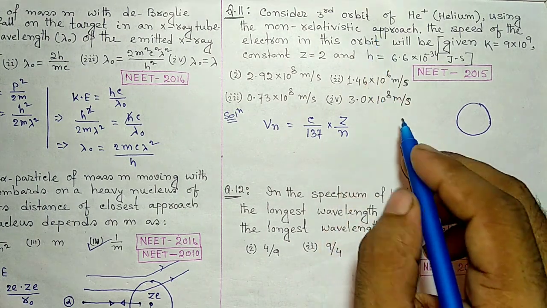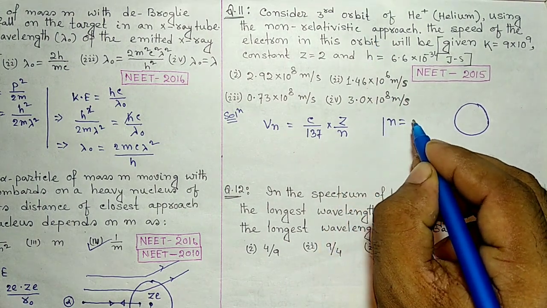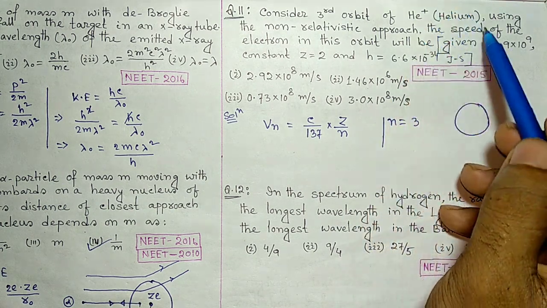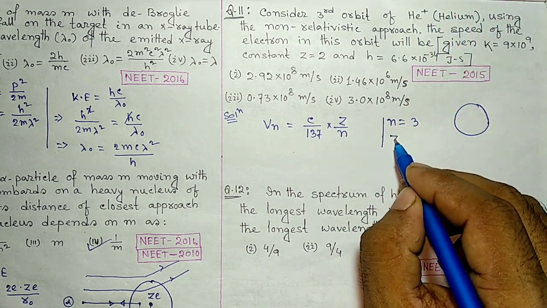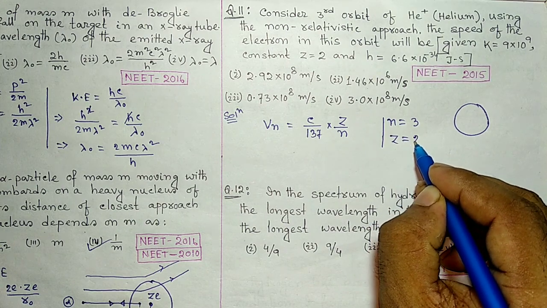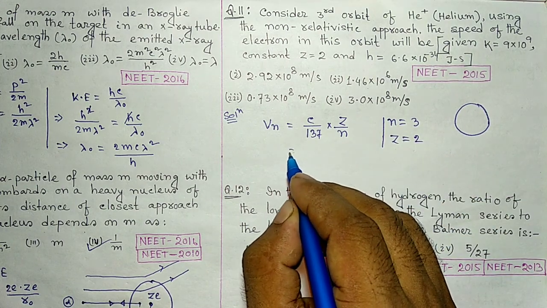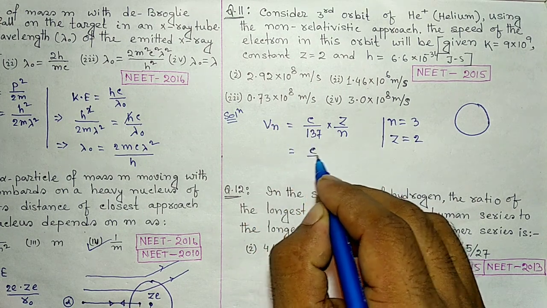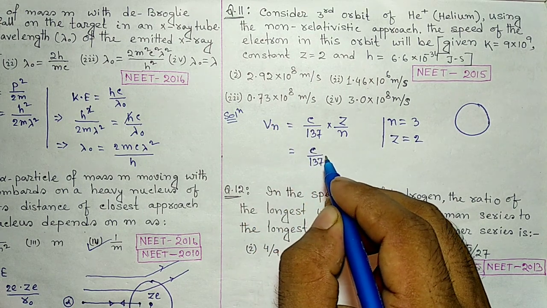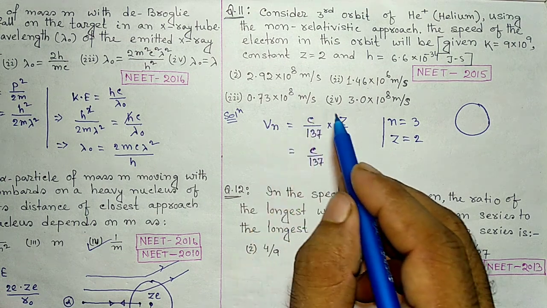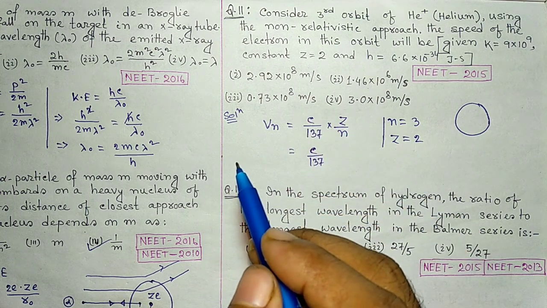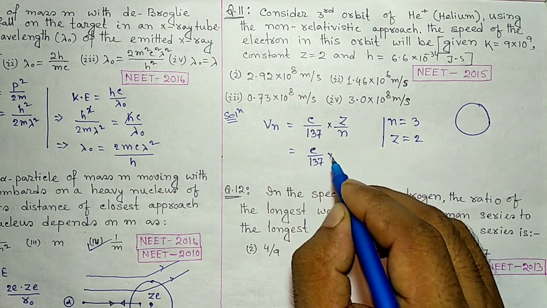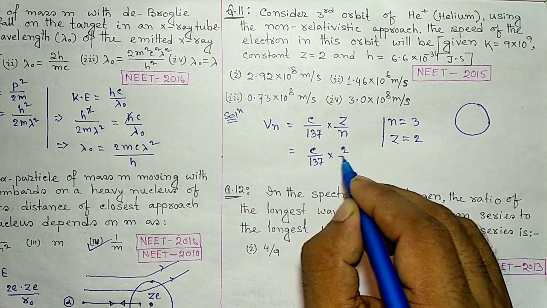For the third orbit n equals 3, and as it is helium, z equals 2. Now putting in the values, we can easily find Vn. You have to remember this formula, c by 137, to answer this question easily, into z is 2 and n is 3.